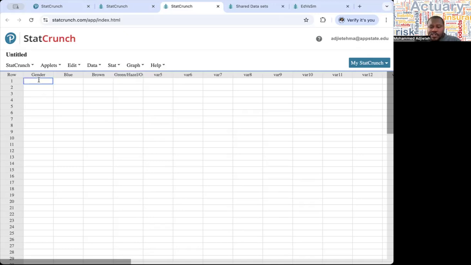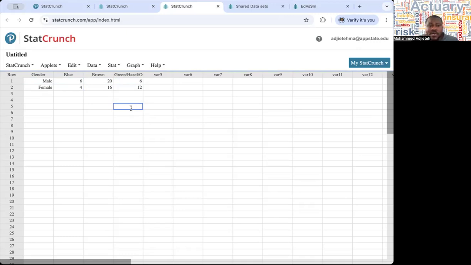And for gender, what do we have? We have male, we have female. And then 6, 4, we have 20, 16, we have 6, and then also 12. You don't need to put in the totals because StatCrunch can compute the total.